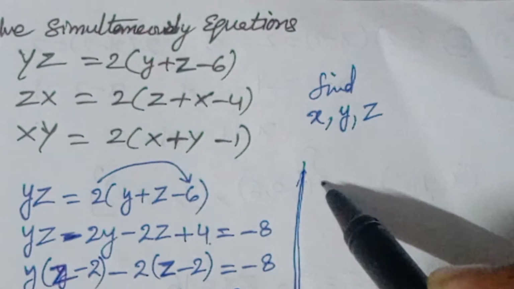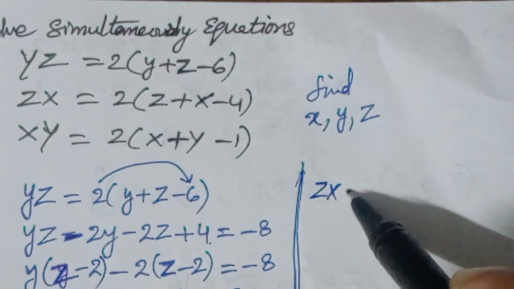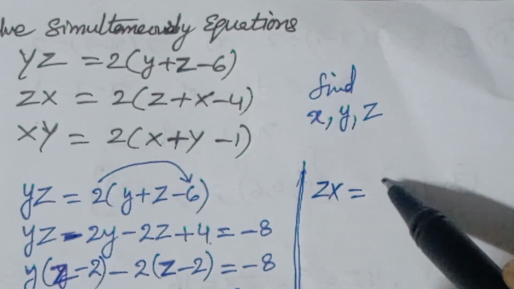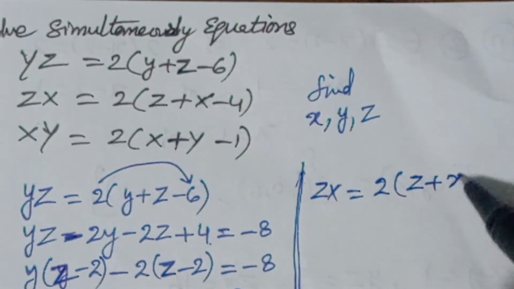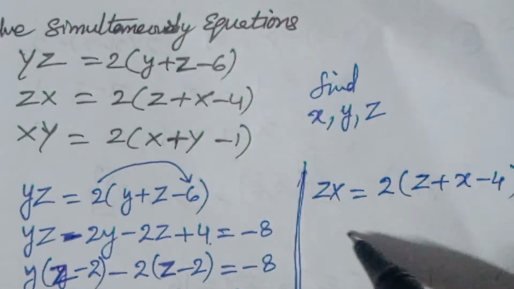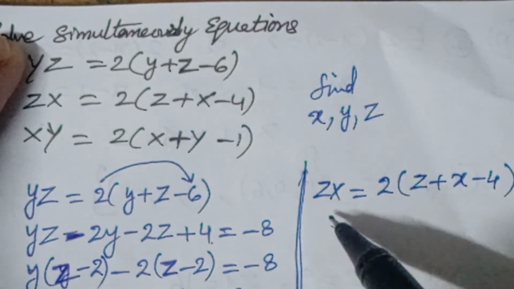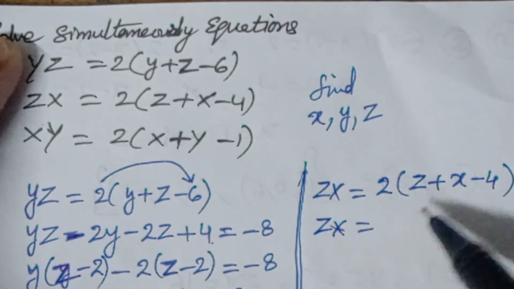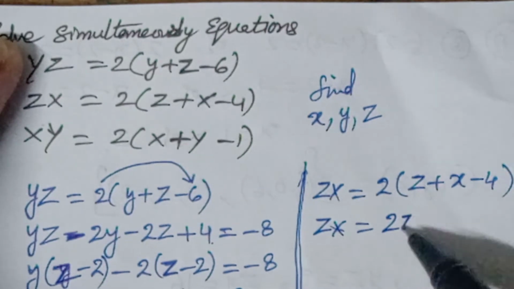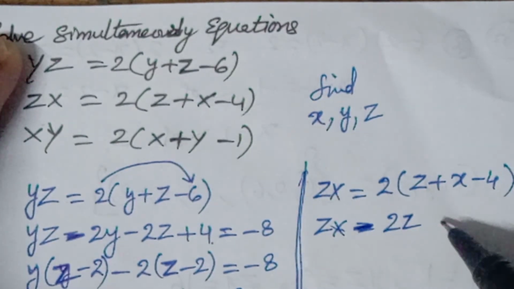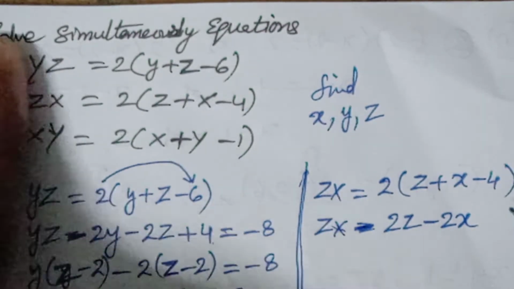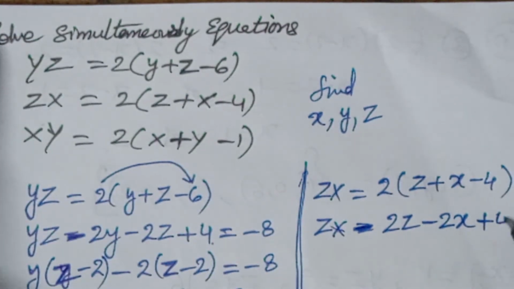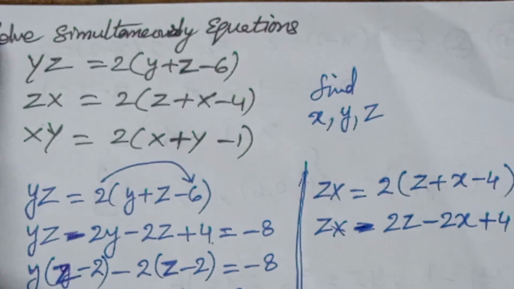Second one, if you take zx is equal to 2 into (z plus x) minus 4. So you can write zx minus 2z minus 2x plus 4 is equal to minus 4.